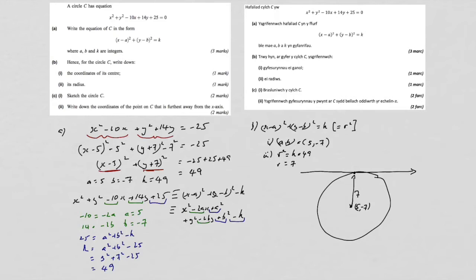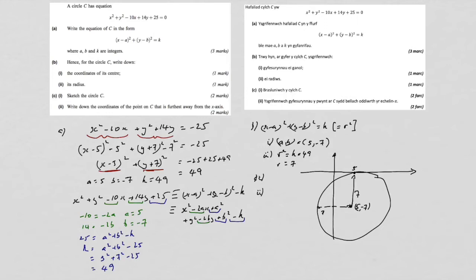Now that also means that if we go across here, we've also got 7, so we just need to not quite get there, and then we can put the y-axis in there. So that's our sketch, and we should note that that is the coordinate 5. Okay, so that's part C, part I, and then we've got part II.